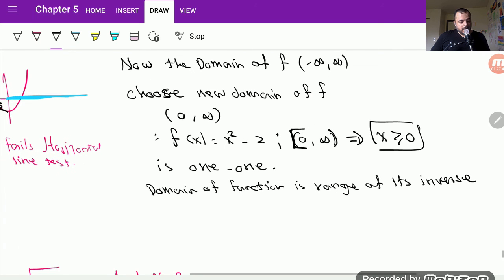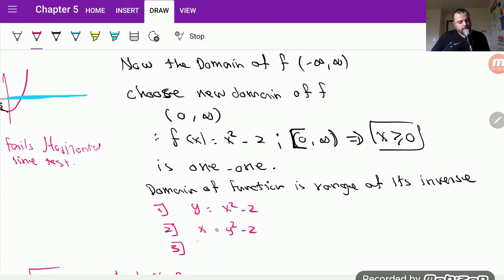So what do I mean? Let's find the inverse the way that we learned. The first step of finding the inverse again, just replace f of x with y. Then step number 2, interchange x and y. Then number 3, solve for y.